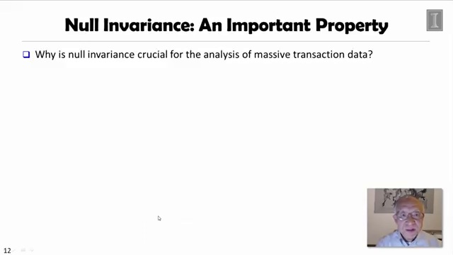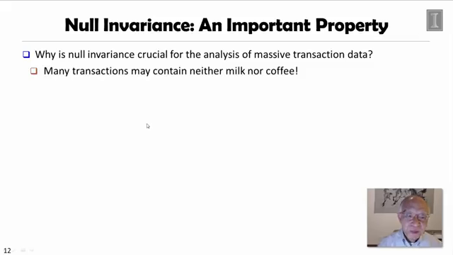Let's first look at null invariance and why it is very important. That means why, in analyzing massive transaction data, null invariance is so critical. Because in many transactions, for particular sets of items, the chance of containing them is very rare. Like Walmart transactions may contain neither milk nor coffee.